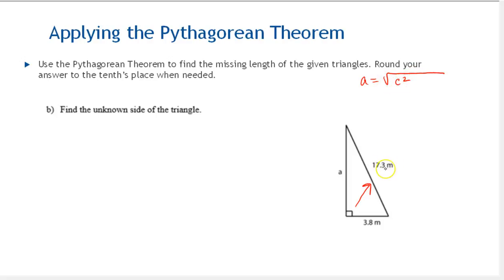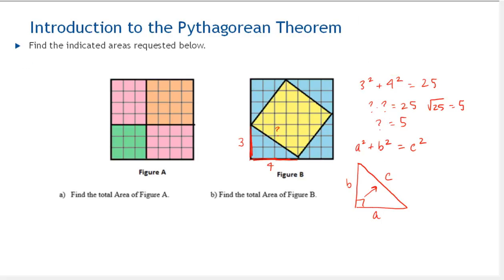Well, we'd find the hypotenuse squared and subtract off the square of the other leg. So if you think of this in terms of this picture, if we want to find a squared, this piece right here, we could take c squared, this piece, subtract off this piece, that will give us a squared, then we take the square root.